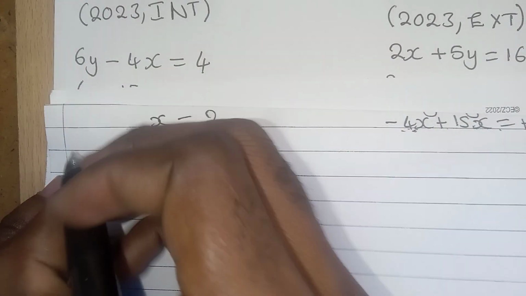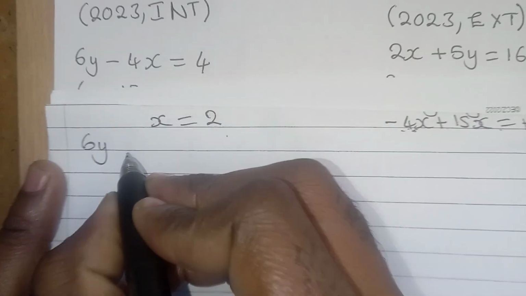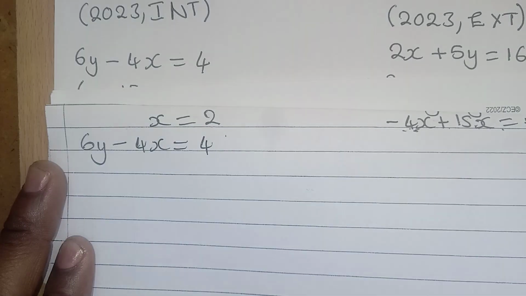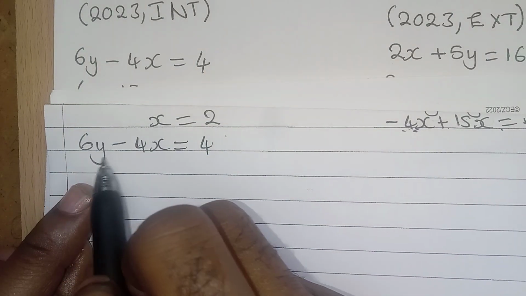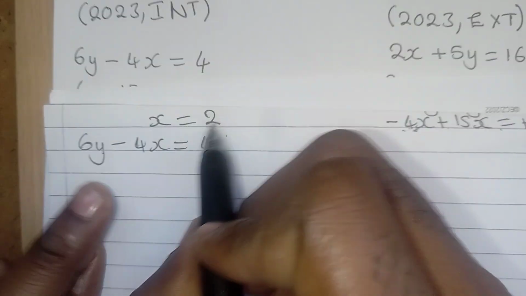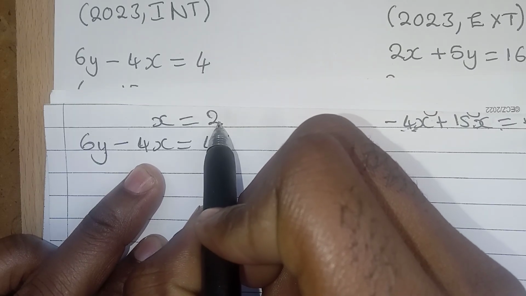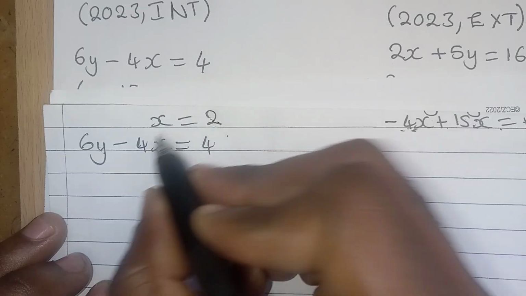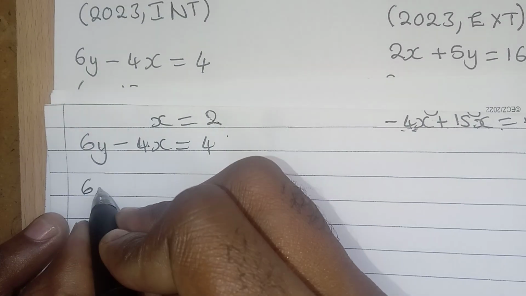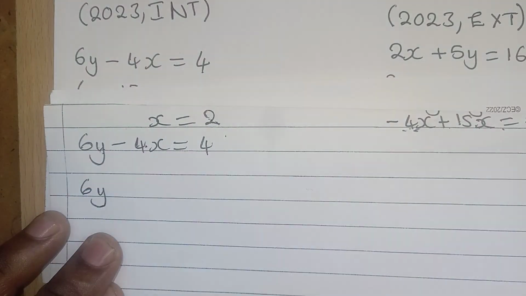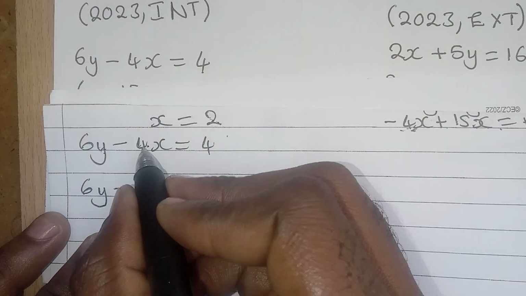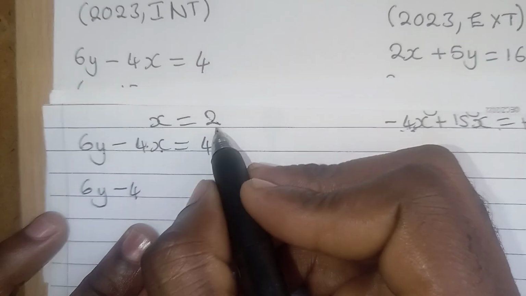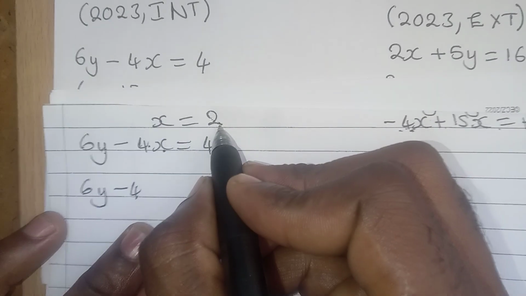So you can say 6y minus 4x is the same as 4. Now to solve for y, you know that x is 2, but y is unknown. So you can just substitute this into this. So you can say 6y, because we don't know what y is, then minus 4, x is unknown, but x is equal to 2.